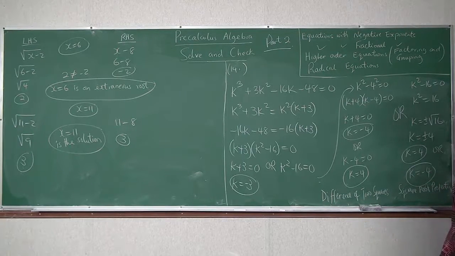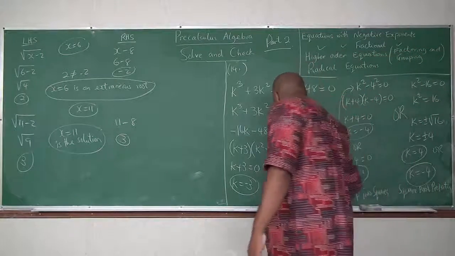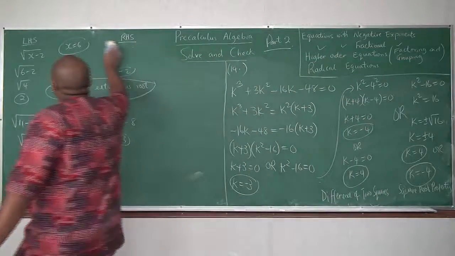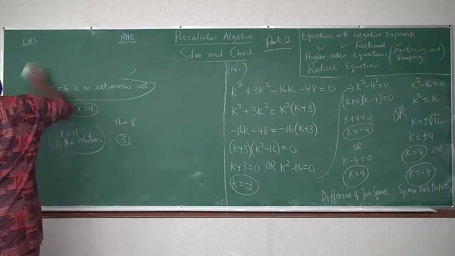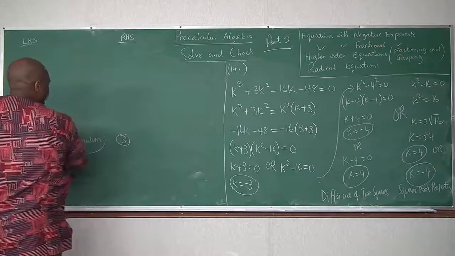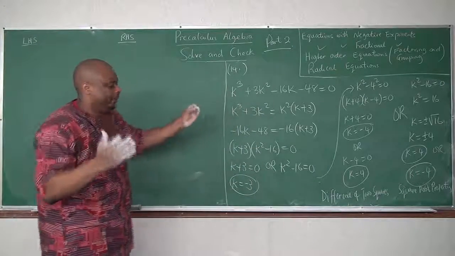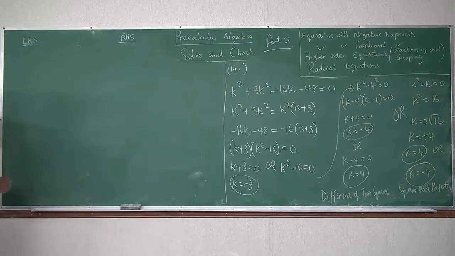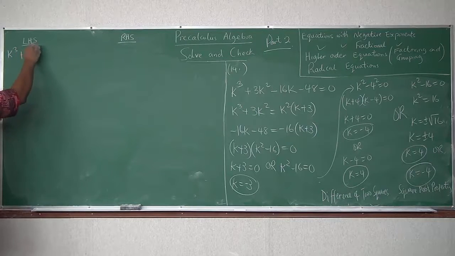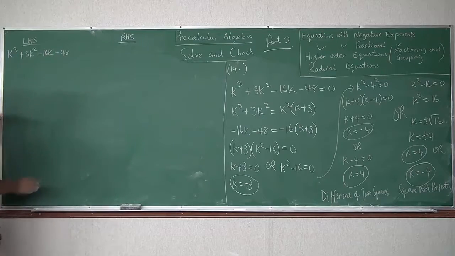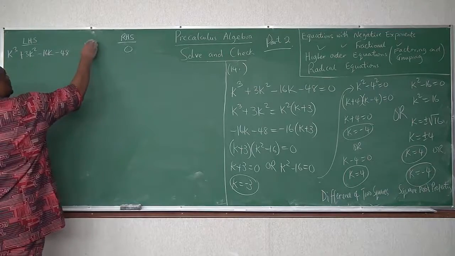Now, let's check this, and that will be it for tonight. Checking. The left hand side is k cubed plus 3k squared minus 16k minus 48. Right hand side is 0. For k equal to negative 3, let's start with that.